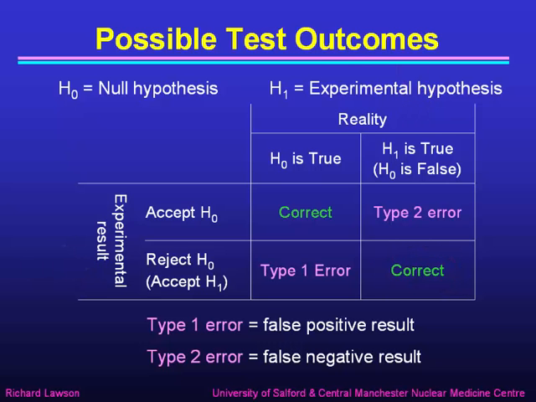But we could also reject h0 when in fact h0 is true. That is known as a type 1 error because it represents a false positive result. If we accept h0 but in fact h0 is false, that's a type 2 error, a false negative result.